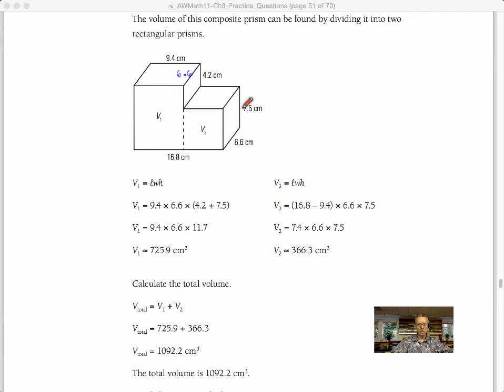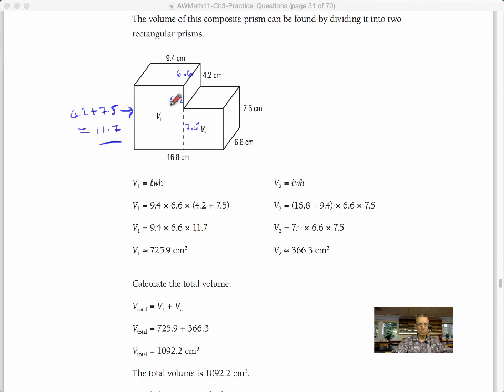So mark it into your diagram so that it can help you in the calculation. This is 7.5, so this is 7.5 here. And this is 4.2, so right here we have 4.2. And so the total is 4.2 plus 7.5. So that's that side there. That equals 11.7.